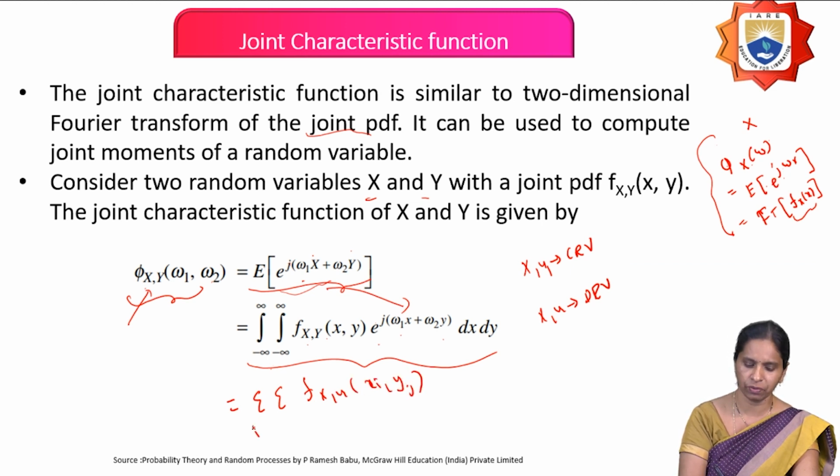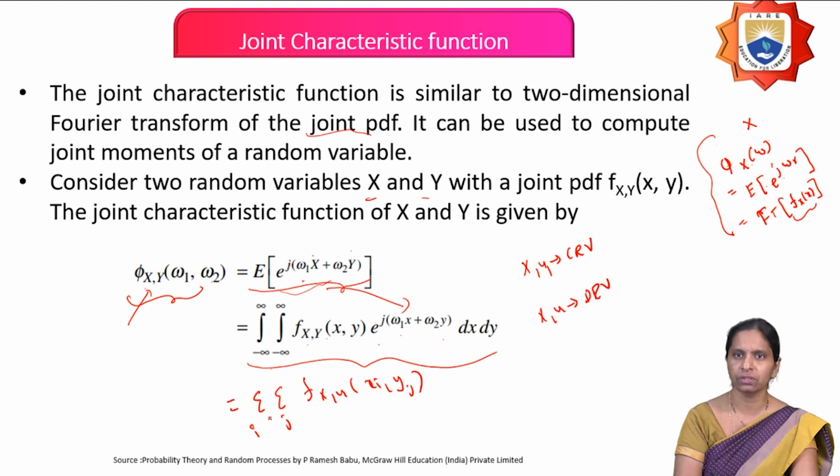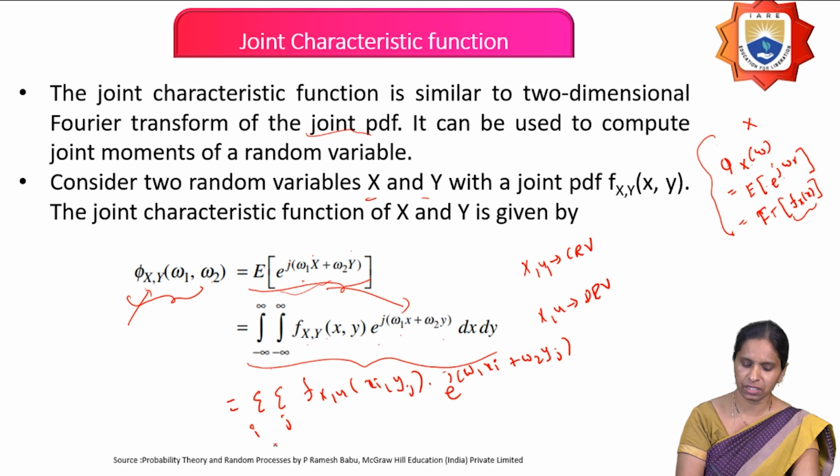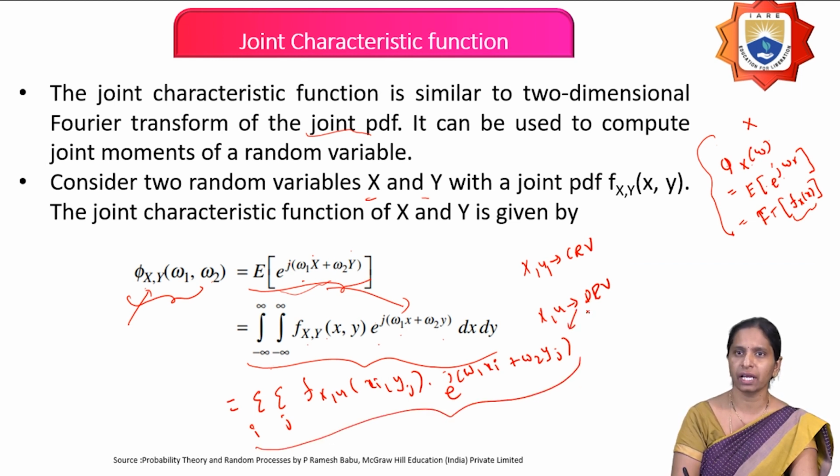Here I am taking the two indices i and j, where i goes from minus infinity and j is also from minus infinity, f xy of xi comma yj into e power j omega 1 xi plus omega 2 yj. So this is the joint characteristic function in the case of discrete random variables. And what is f xy of xi comma yj? It is also called the joint probability p of xi comma yj.